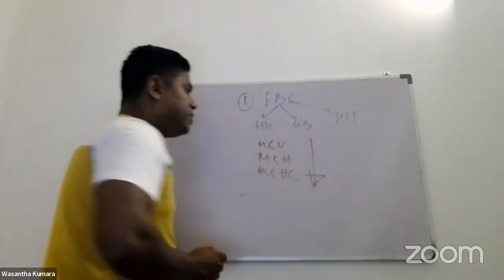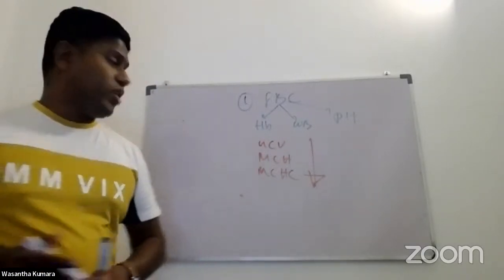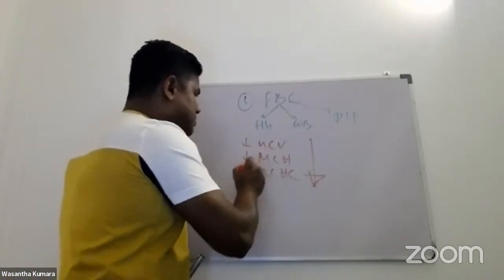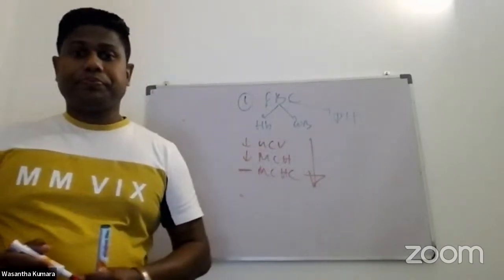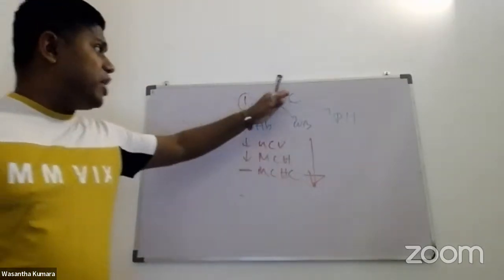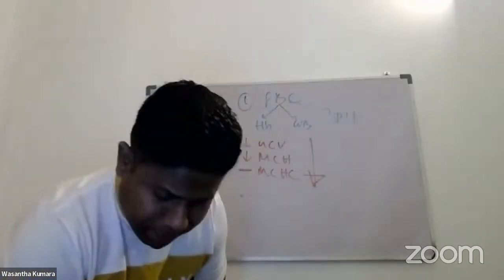All the parameters will be low. Whereas in thalassemia, your MCV is low, MCH is low, but MCHC is normal. So you can get various details just by doing a simple full blood count. If you clinically detect anemia, your next step is a full blood count.